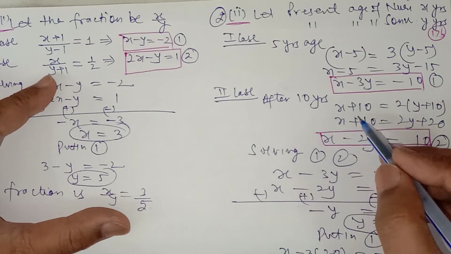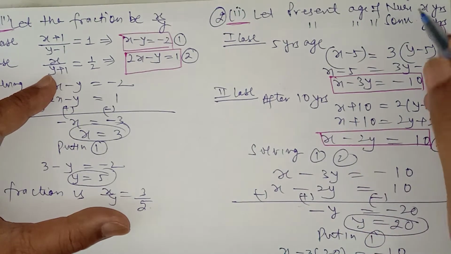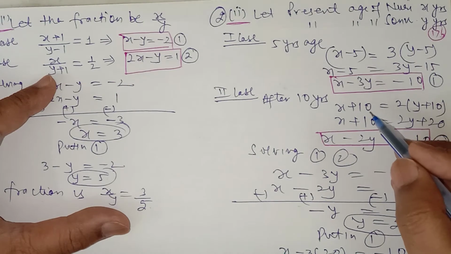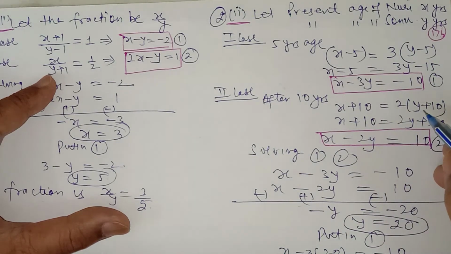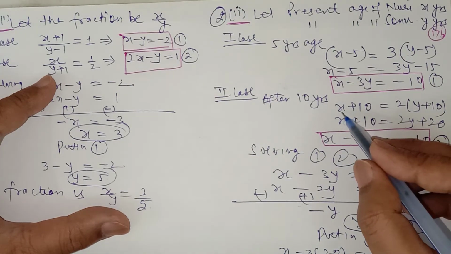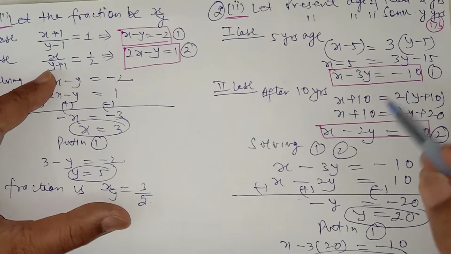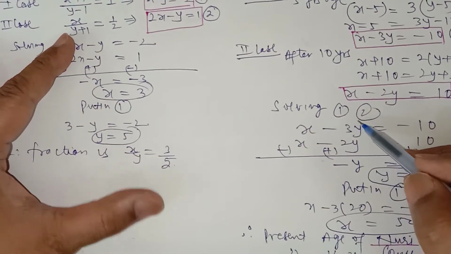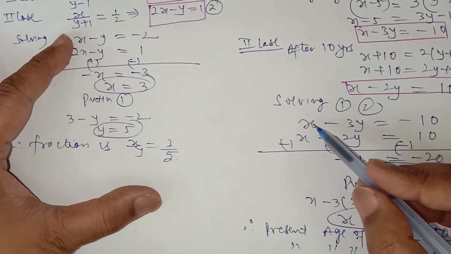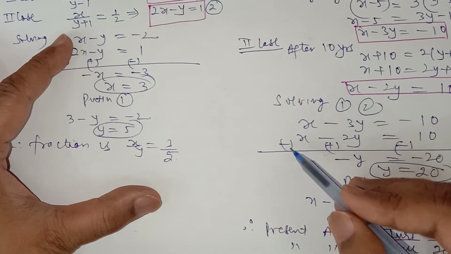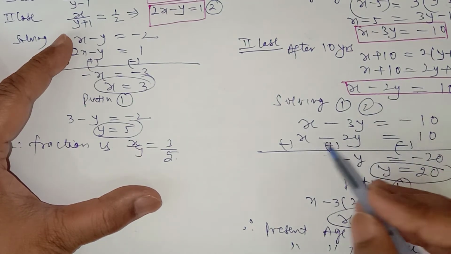And after 10 years, add 10 to both the present ages of Noori and Sonu, that is x plus 10, y plus 10. And it is given the age of Noori is 2 times the age of Sonu. Open the bracket, arrange it. You are getting the second equation. Again, in this question also, the coefficient of x is already same. So you simply have to subtract the second equation from the first.